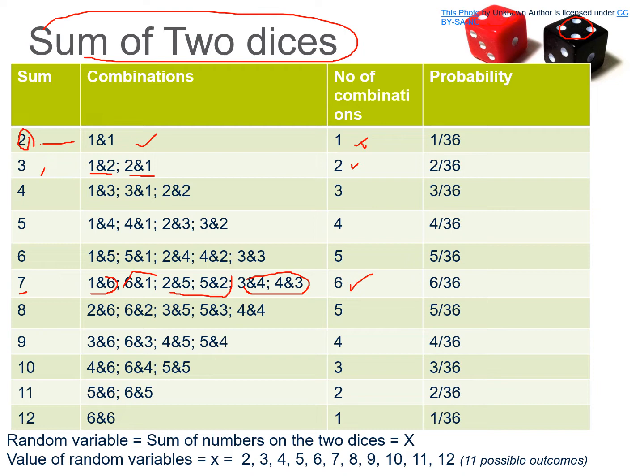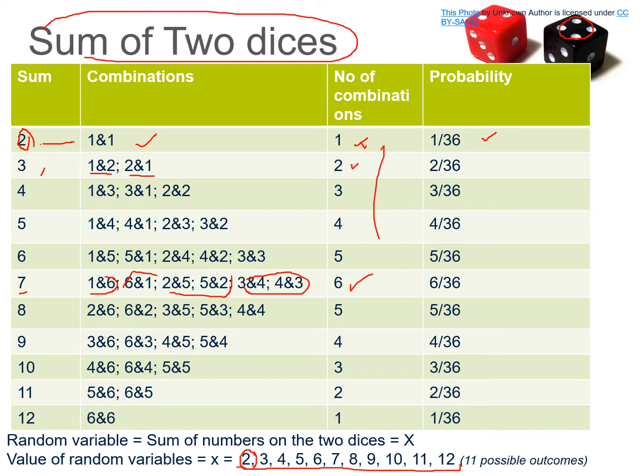So based on this, what are the total possible outcomes? That is 2, 3, 4, 5, 6, 7, 8, 9, 10, 11, and 12, right? The random variable is the sum of the numbers, and its value is from 2 to 12. There are 11 possible outcomes, and the probability of each outcome is what we tabulate here. Probability of getting 2 is 1 out of 36, right?